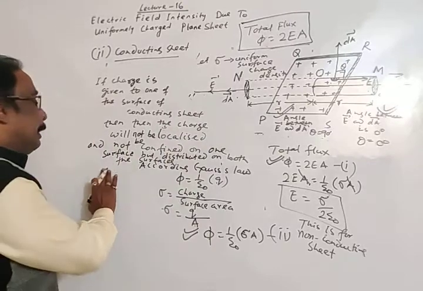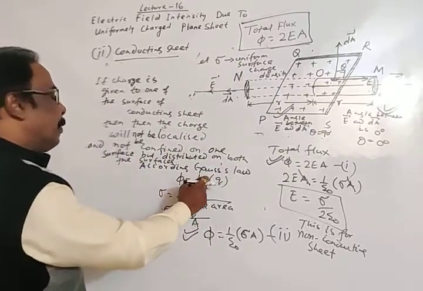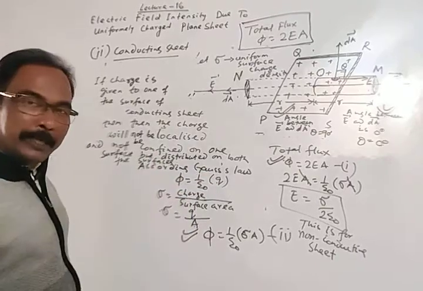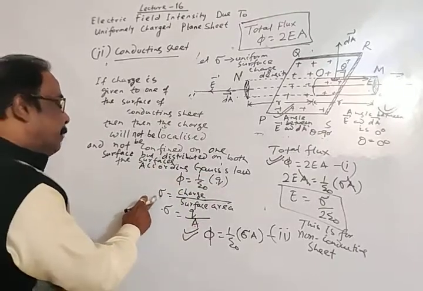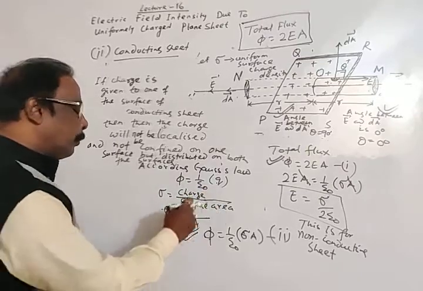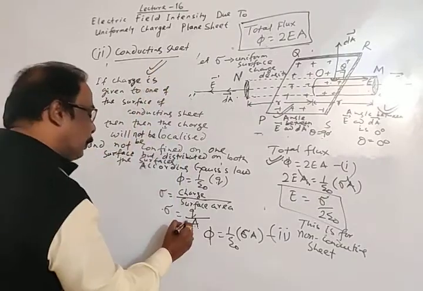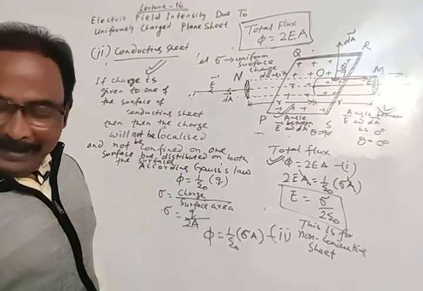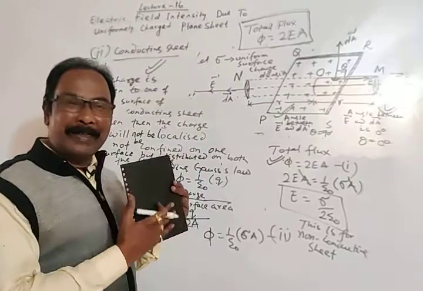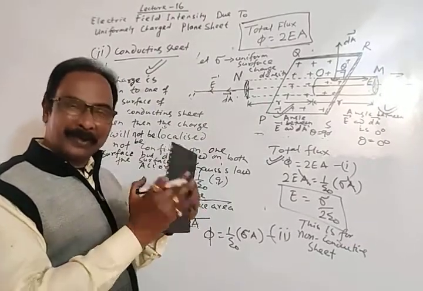But for the conducting sheet, again according to Gauss law, flux is 1 by epsilon naught times the charge enclosed. Uniform surface charge density is the ratio of total charge to total surface area. But here for the conducting sheet, total area is 2A, because if the magnitude of one surface area is A, then charge is distributed on both the surfaces.